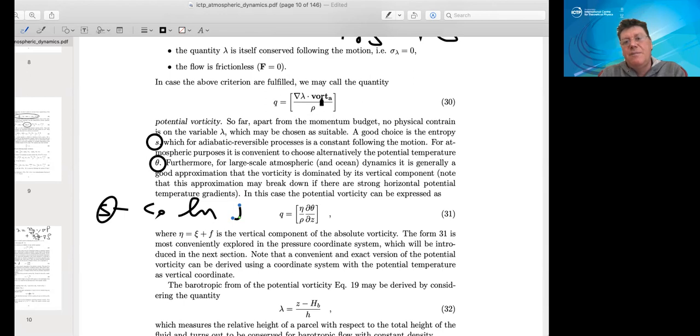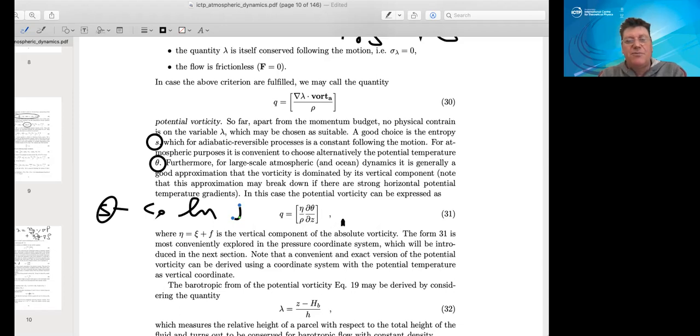If we make use of this, we can immediately show that the scalar product becomes approximately the absolute vorticity, so relative vorticity plus planetary vorticity, divided by density times d theta by dz. So we get the stability coming up here, the density remains, and the absolute vorticity.